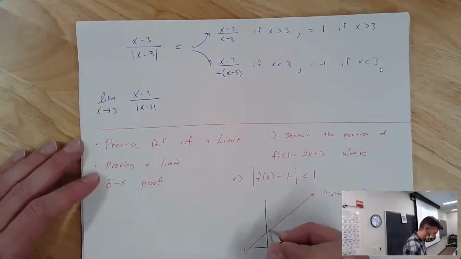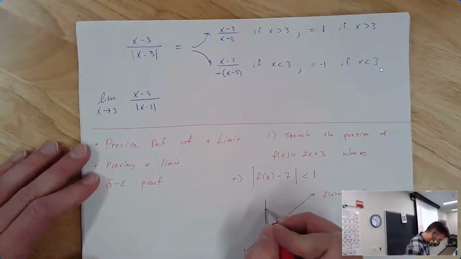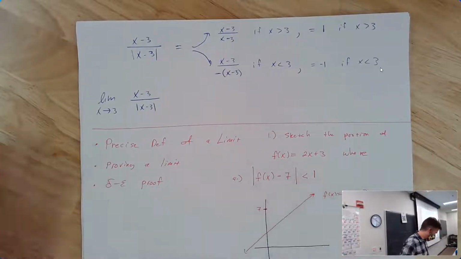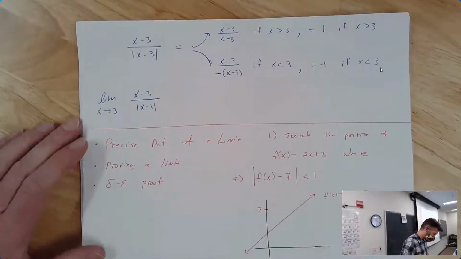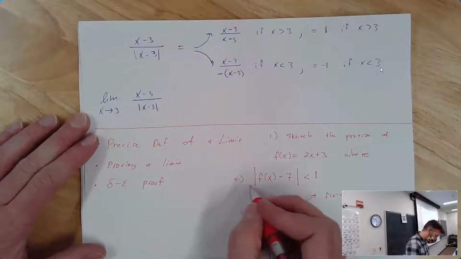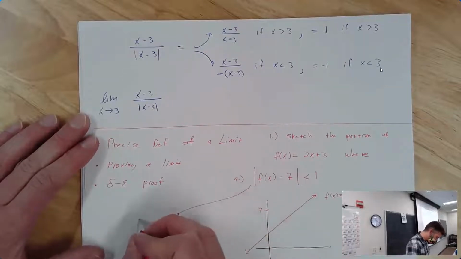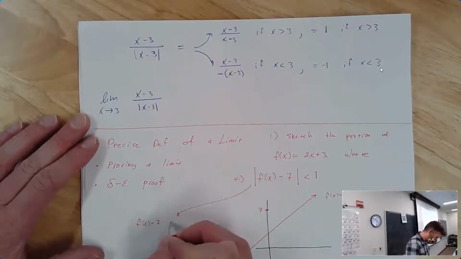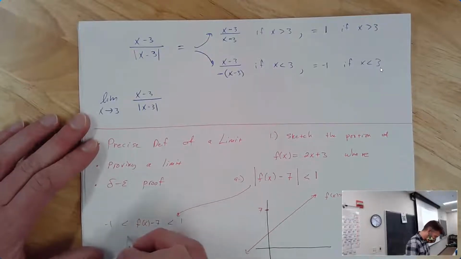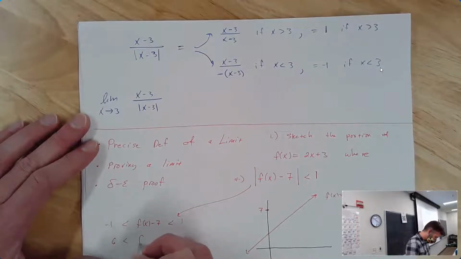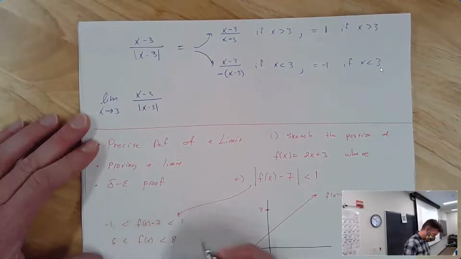I don't really care about that. But here's 7 right here. And I want to go 1 above and 1 below 7. If I want the absolute value of f of x minus 7 to be less than 1, what I'm really looking at is f of x minus 7 between 1 and negative 1. And if I add 7 to everything, I'm looking for f of x to be between 6 and 8.